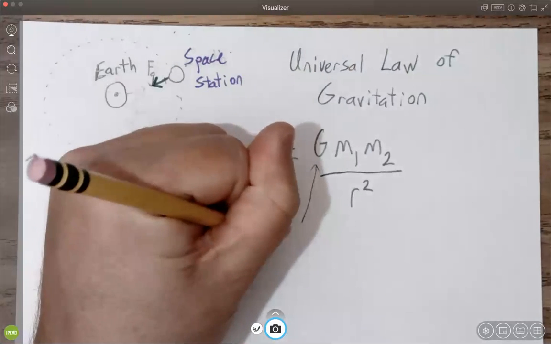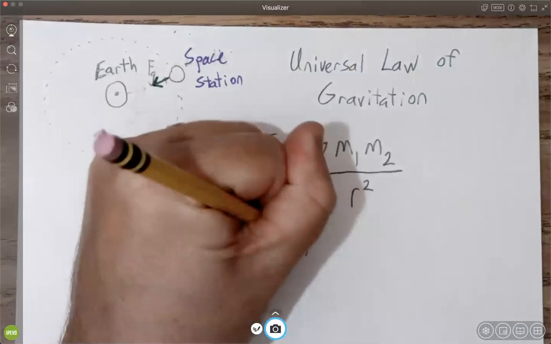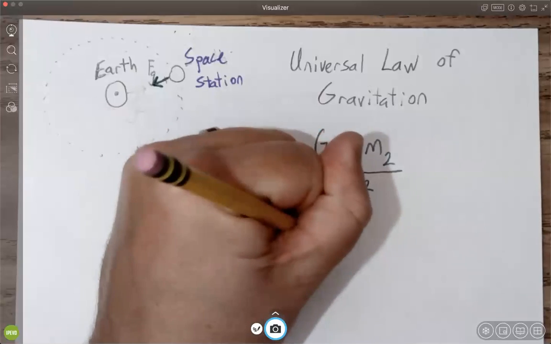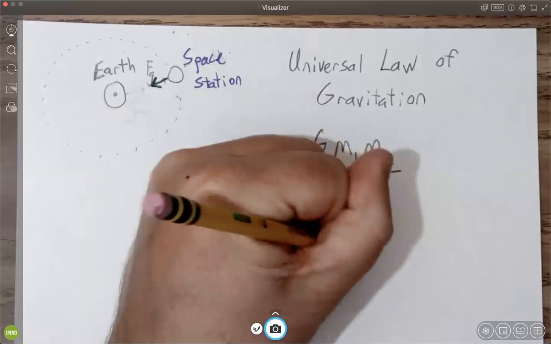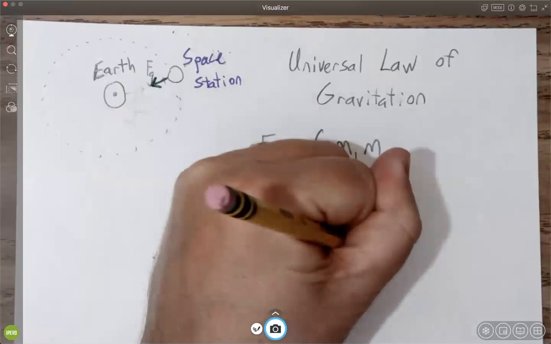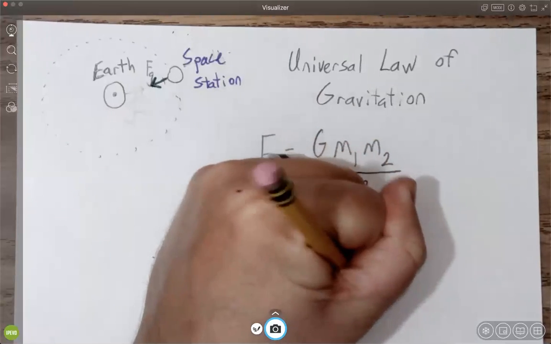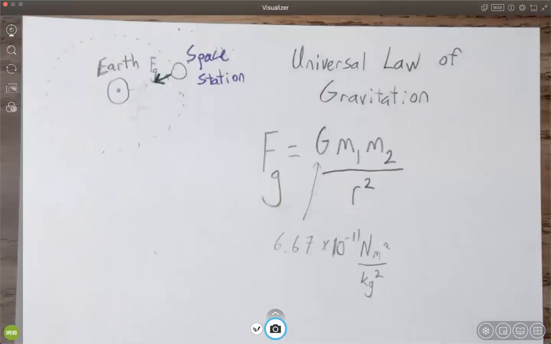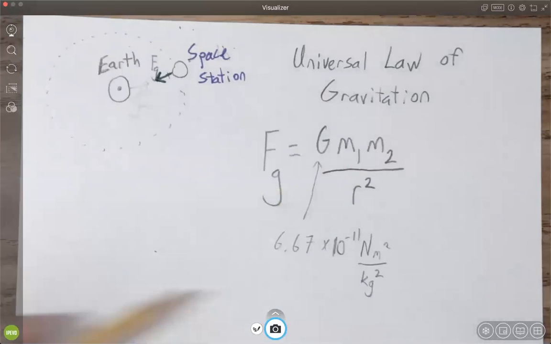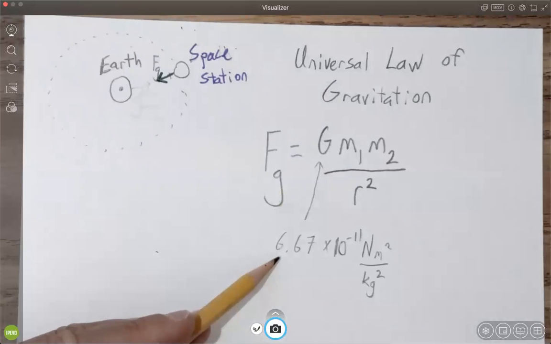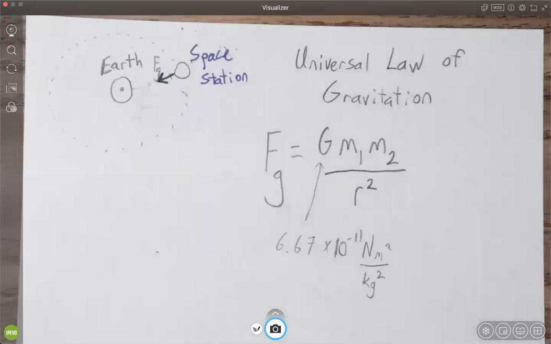So this is 6.67 times 10 to the negative 11 Newton, I think meters squared per kilogram squared. So this is a number with 10 zeros and then finally a 6. So we see that this is really small.